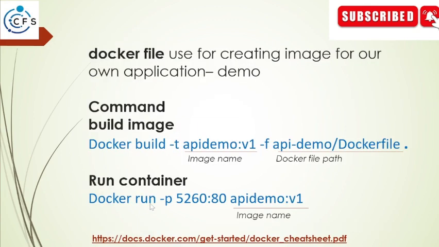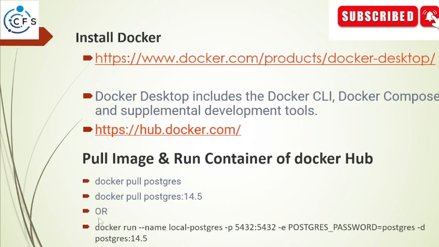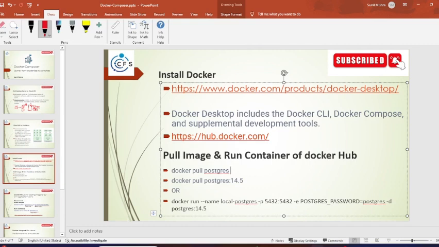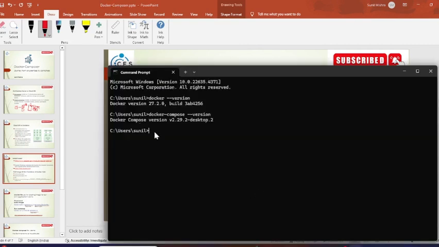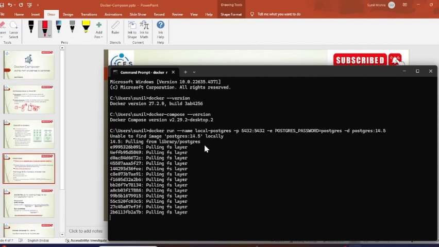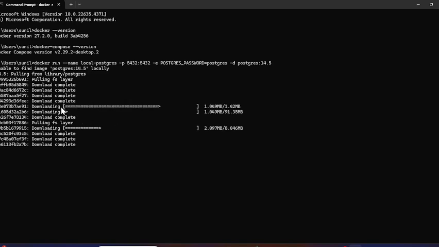So if I just copy paste this command, Control C, and if I run it, first of all, you will see it is pulling the images.